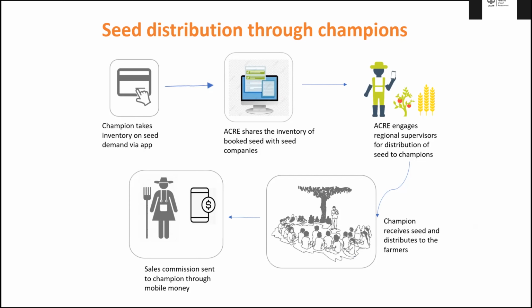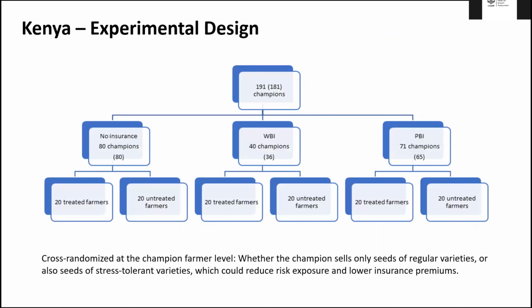And I'm mentioning it here because we also varied in the project whether the champion farmers were selling different types of seeds. So everywhere champions were selling seeds of regular varieties, but then we randomized whether seeds of stress-tolerant varieties can be sold by champions. And this is important from an insurance point of view, and especially when we're talking about picture-based insurance.